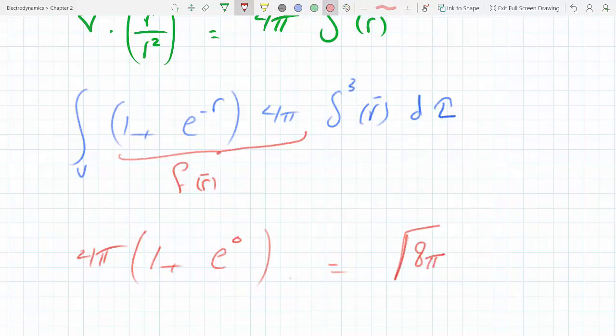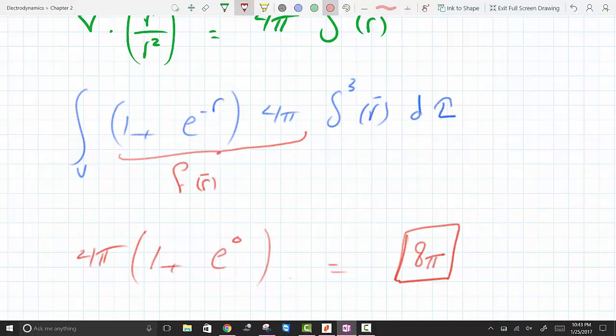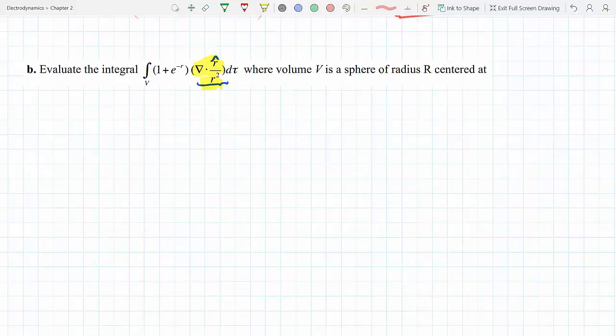Okay, so how come this becomes 0 everywhere apart from the delta function? I mean, why does this turn into... Look, we're looking at the divergence of r over r squared. We've already done this.